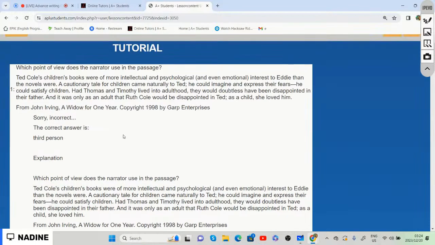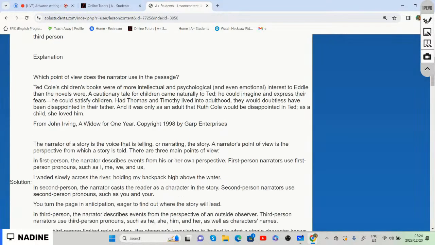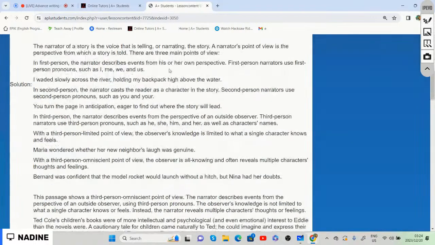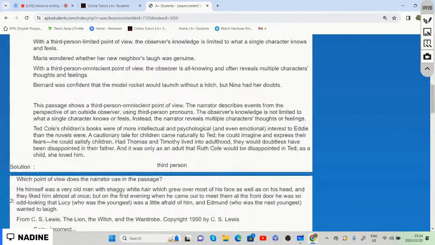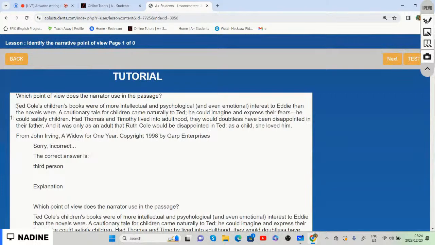We explained first person, second person, and third person. So now, if we look at this passage, it asks which point of view the narrator uses within the passage. We are either going to say first person, second person, or third person.